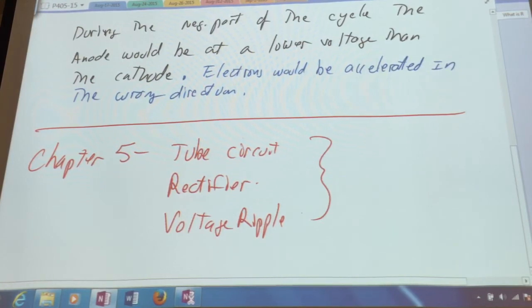So that's what I'm interested in chapter 5. A little bit more than in chapter 6, but still not too bad.